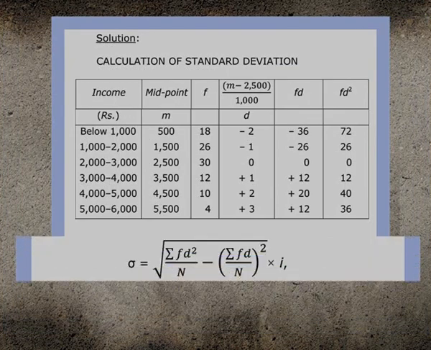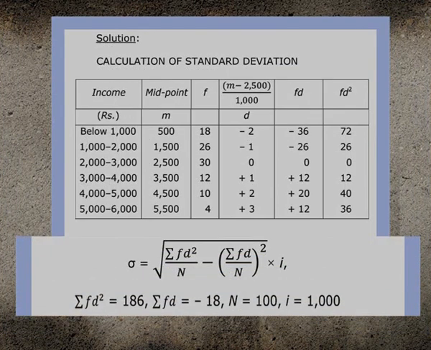The formula that we are using here is sigma is equal to the square root of sigma fd square divided by N minus sigma fd by N, the whole square, times i. From the table we have sigma fd square equal to 186, sigma fd equal to minus 18, that we have calculated from the table, capital N is 100, and i here is 1000.